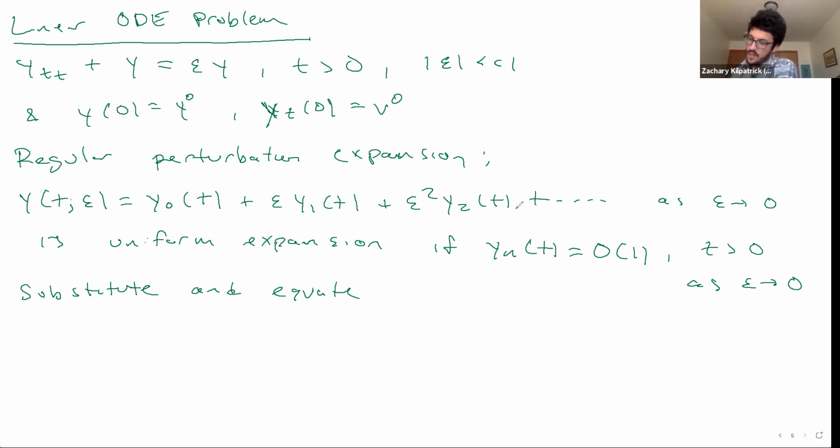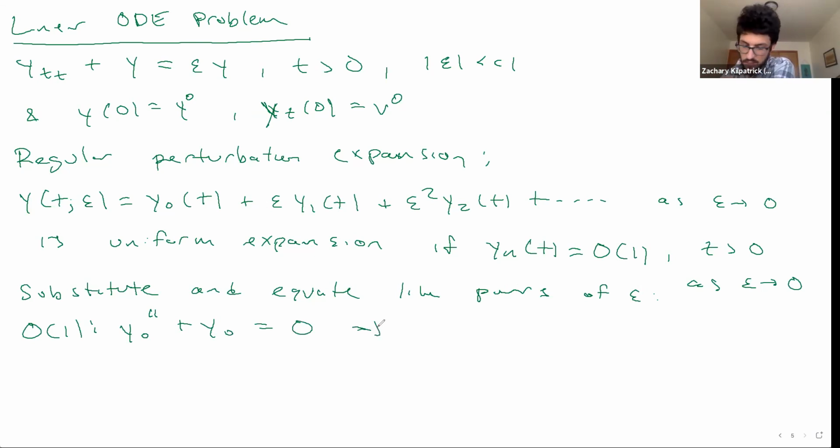Okay. So if we substitute and equate our like powers, right? You just take this expansion, you plug it in, you look for the order 1, the order epsilon terms, you start climbing up the hierarchy. At order 1, what we're going to have is y0'' + y0 = 0. That's it, right? That's the only order 1 stuff.